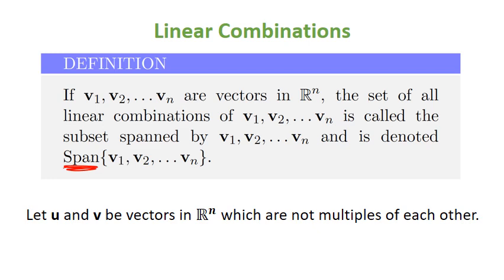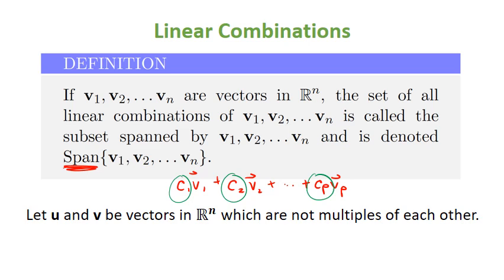Basically, a span is the collection of all vectors of the form C1 V1 plus C2 V2 plus and so forth, with these guys being the scalars.